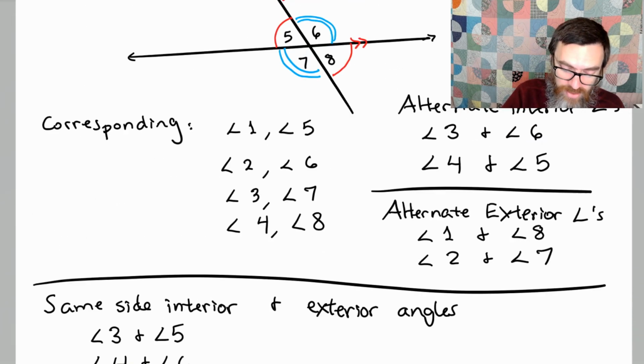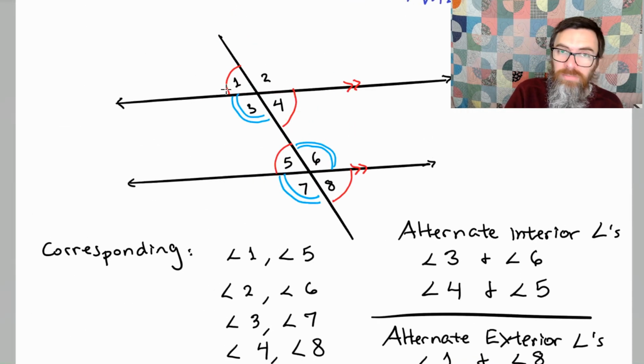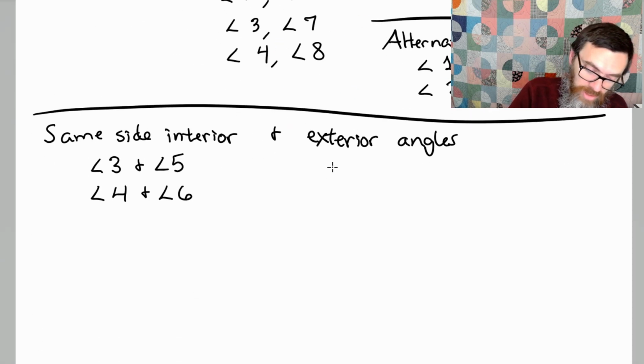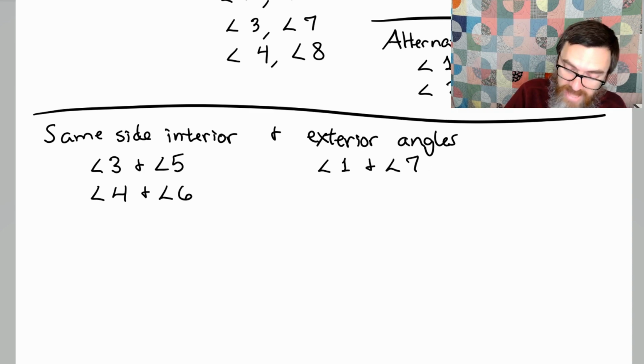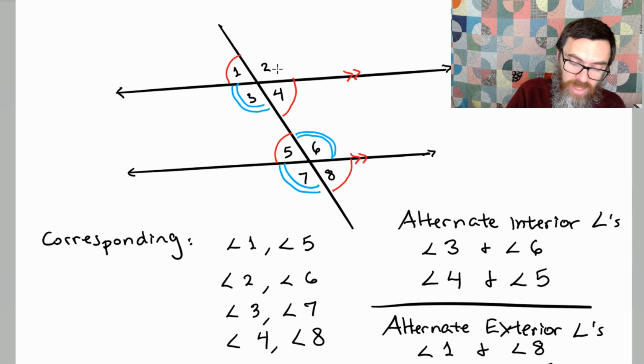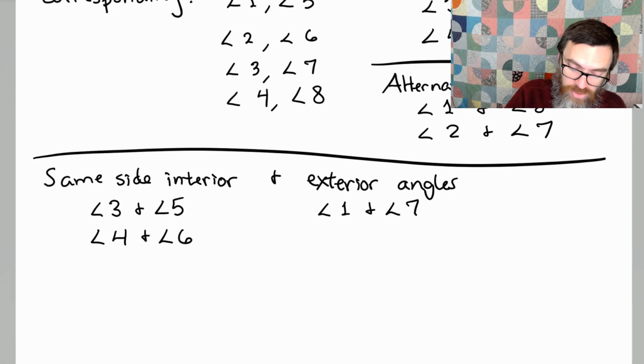Same side exterior would be 1, and on the same side of the transversal, but on the outside is 7. So angle 1 and angle 7, and then the last pair, 2 is on the same side as 8, and they're both exterior to those parallel lines. So angles 2 and 8.